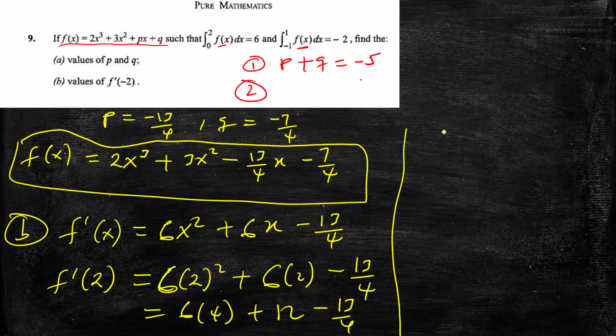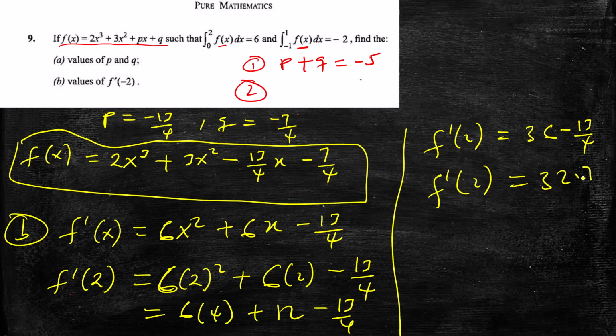So f prime of 2 is 32.75. Okay, so that's that.